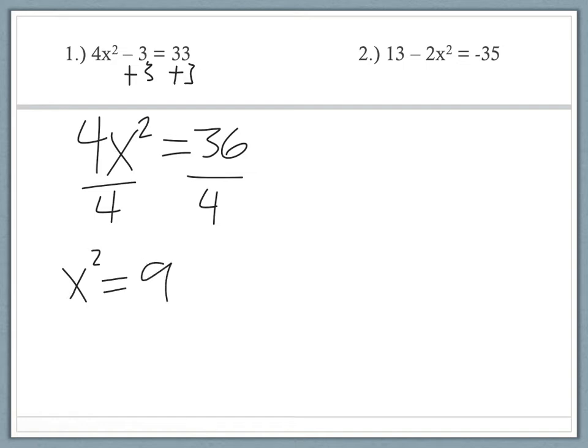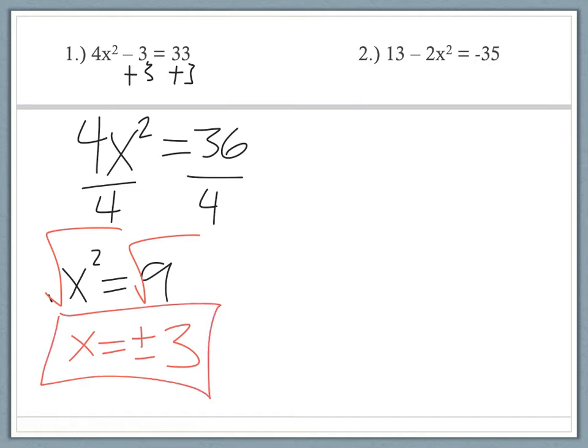Now once we have that, we're going to square root both sides. So I'm going to have x equals. Now if I square root both sides, we have to remember that this could be a positive or a negative 3, just like we talked about on that first slide. That would be my answer.